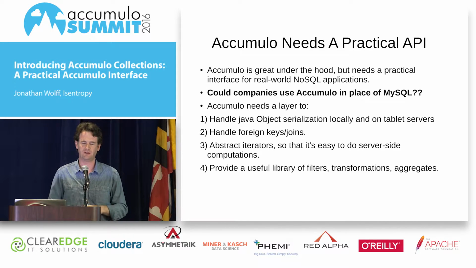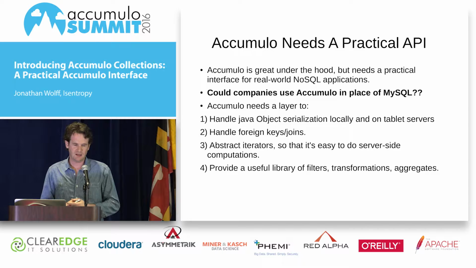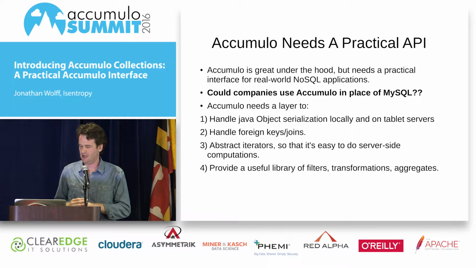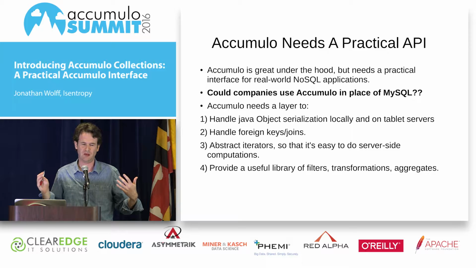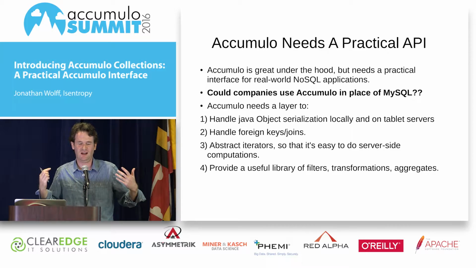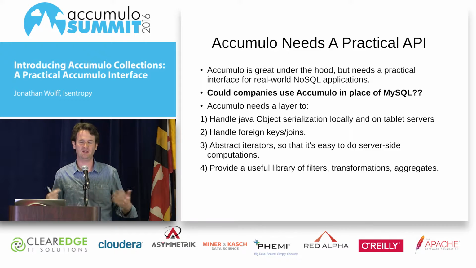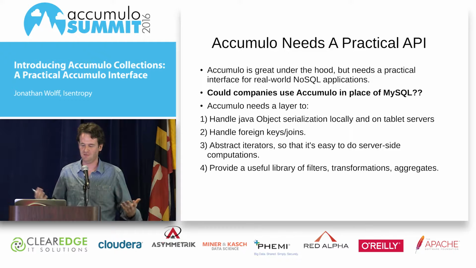You tell the tablet servers how to read the Java objects. And that makes it easier to write iterators, but you hardly even need to write iterators because a lot of things are bundled with it that basically duplicate the functionality of MySQL, but I think also add a lot of extra functionality, which I'll talk about. But basically, it's supposed to be an alternative to MySQL, so companies can just use this right out of the box without understanding the inner workings of Accumulo.